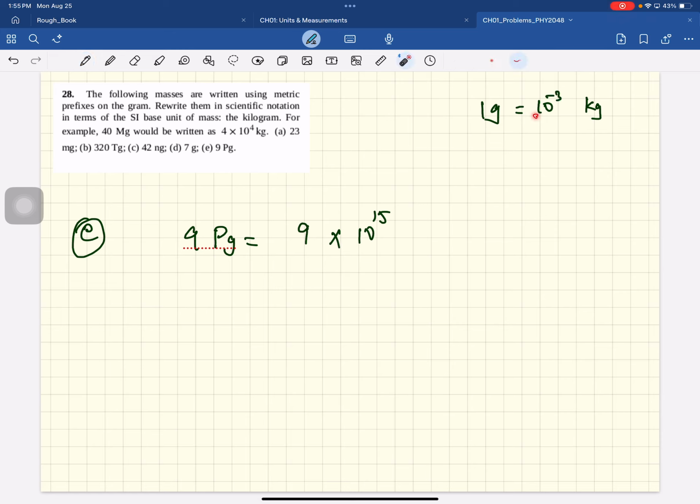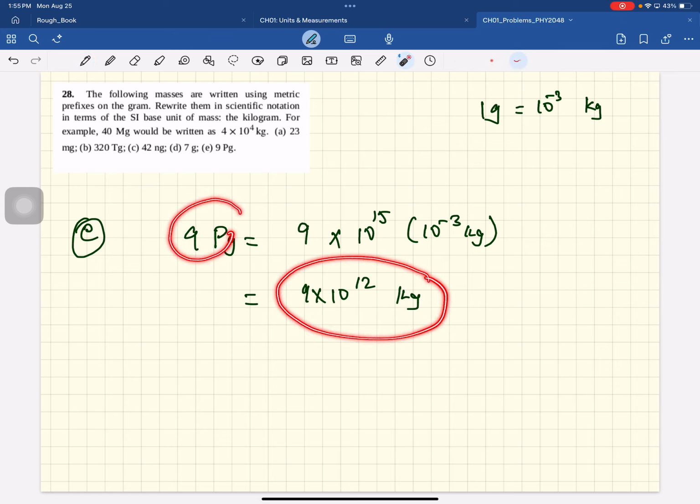This 10 to the minus 3 kills the 10 to the power plus 3. So this is 9 times 10 to the 12 kg, which is 9 trillion kgs. Okay, you guys understanding this?